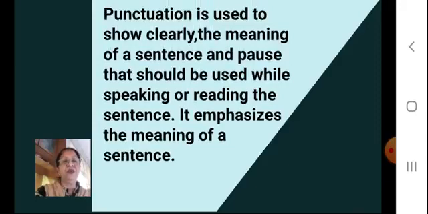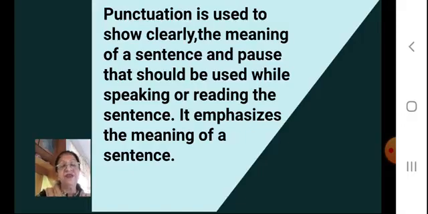Now, what are punctuations? First I will tell you what punctuation is. Punctuation is used to show clearly the meaning of a sentence and the pause that should be used while speaking or reading the sentence. It emphasizes the meaning of a sentence.